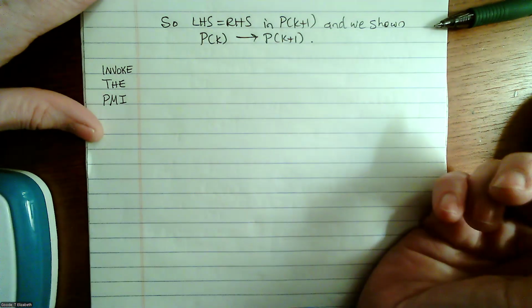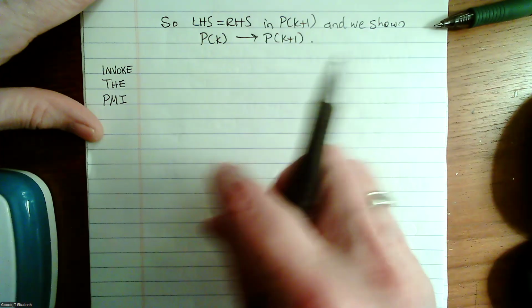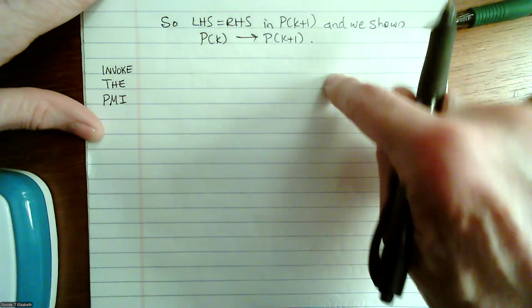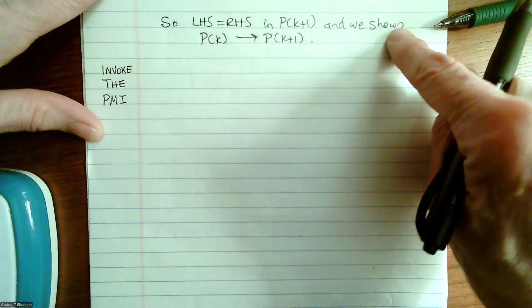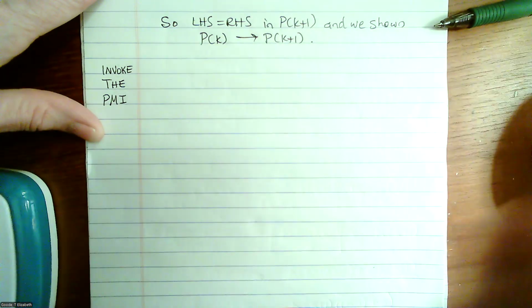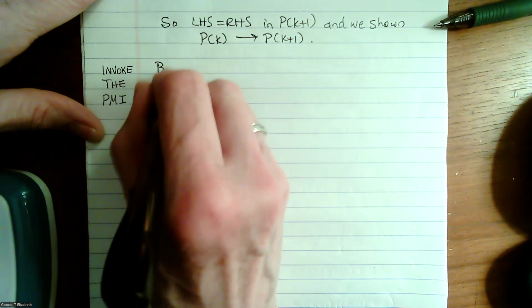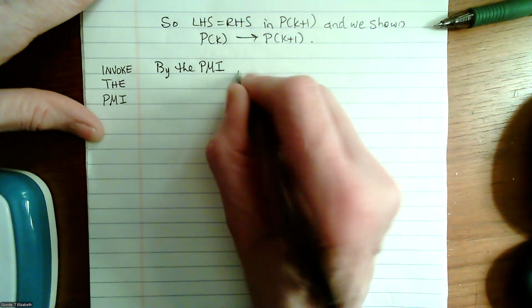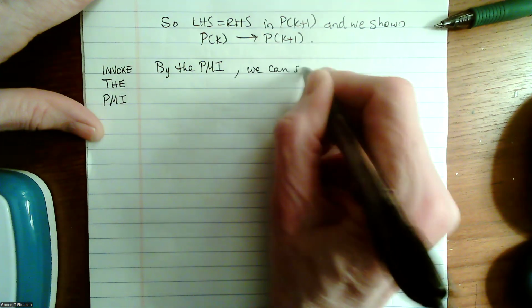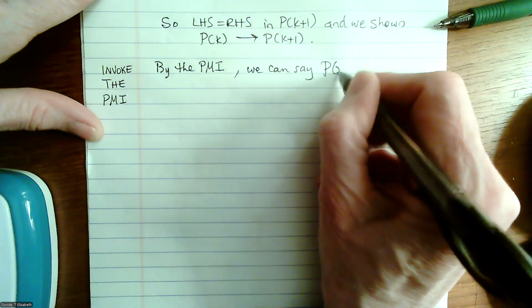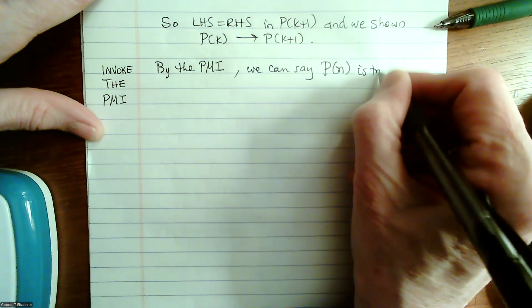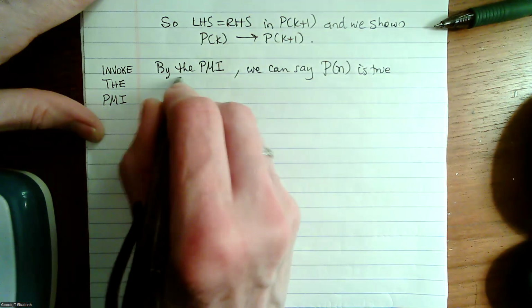Well, the principle of mathematical induction says if you can stand on the bottom step, and if you can show that from the kth step you can step up to the k plus first step, then the conclusion of the PMI is that we can say the statement P of n is true no matter how large n gets.